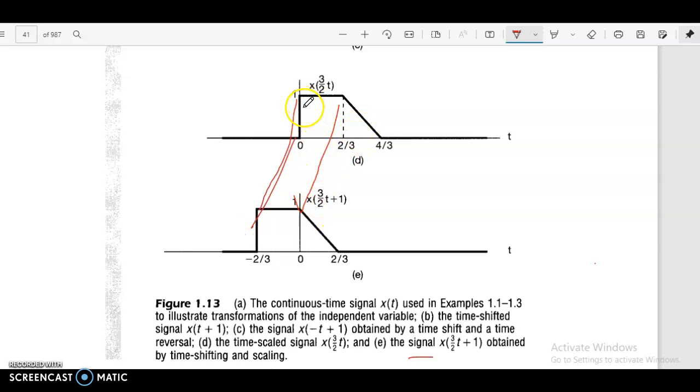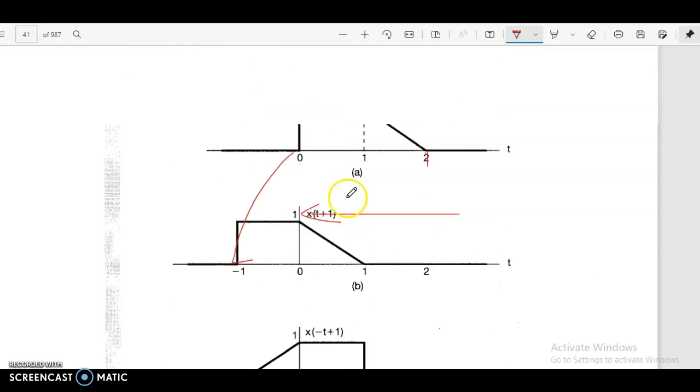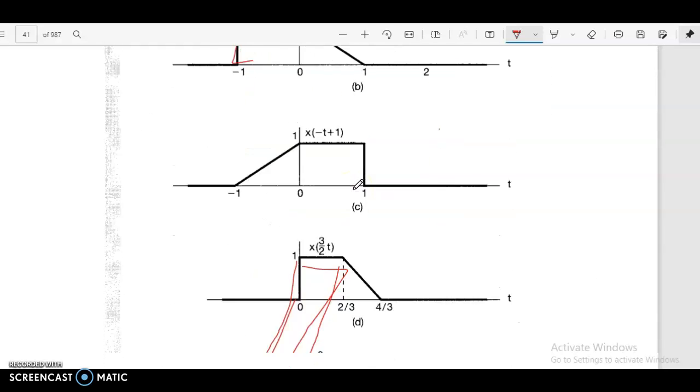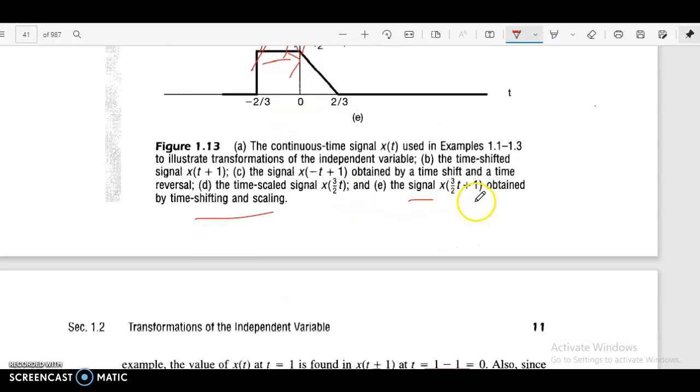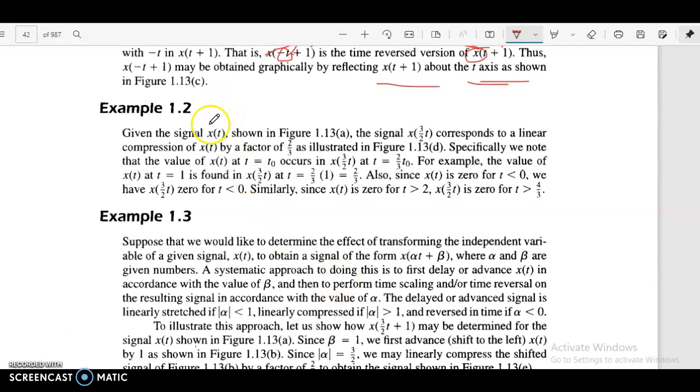Scaling means this is also scaling, reduced, compared to figure A, figure B, figure C.